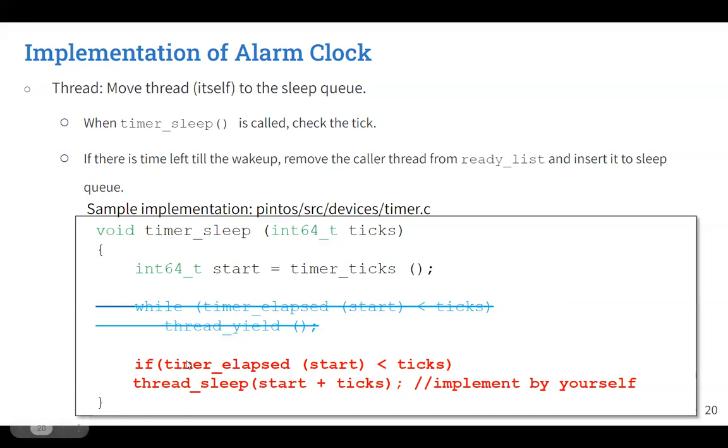But now, if the time didn't elapse yet, we want to call thread sleep, and in that thread sleep, you want to do the things necessary to maintain the sleep list and wake them up at the right time.